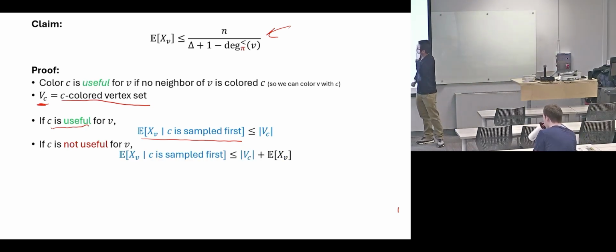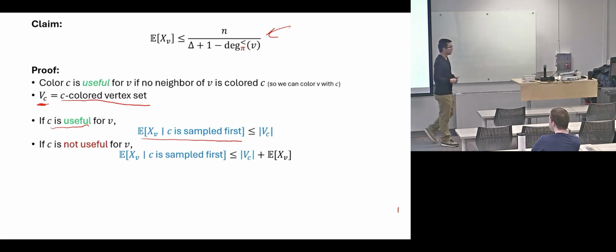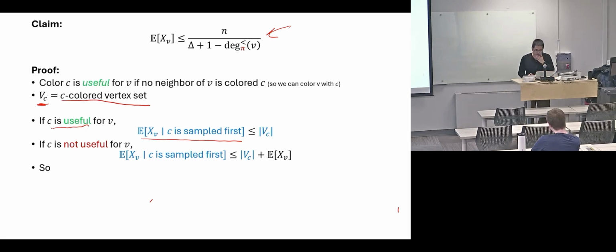But now we know all the cases, when C is useful and when C is not useful, what will happen if C is sampled first. And now what we can do is just try to compute the expectation of XV.